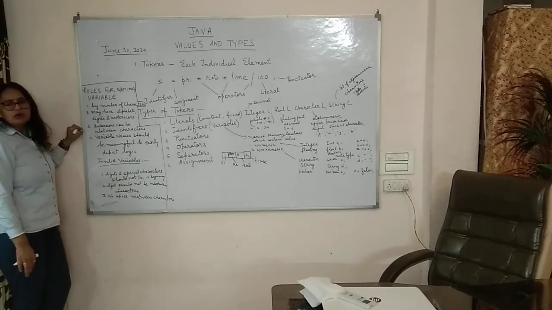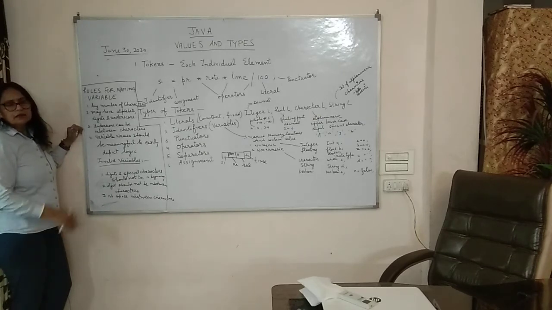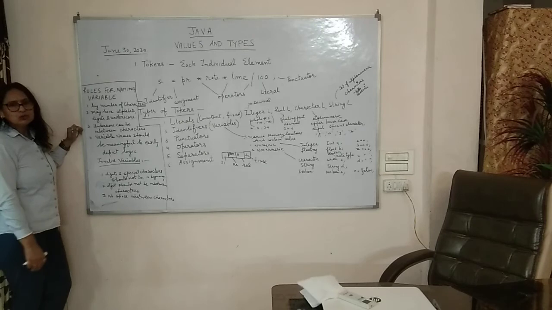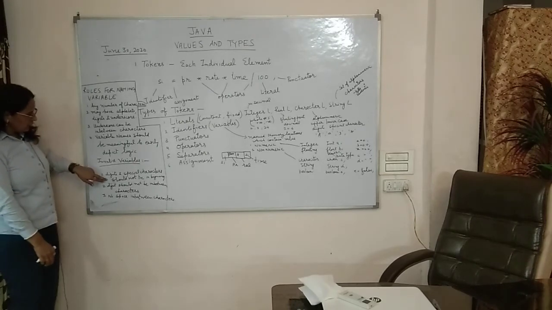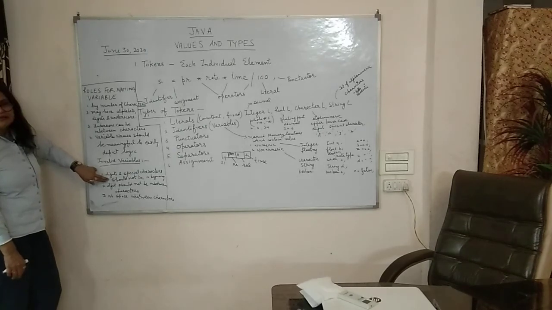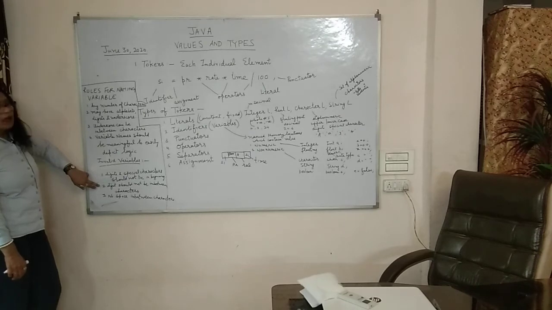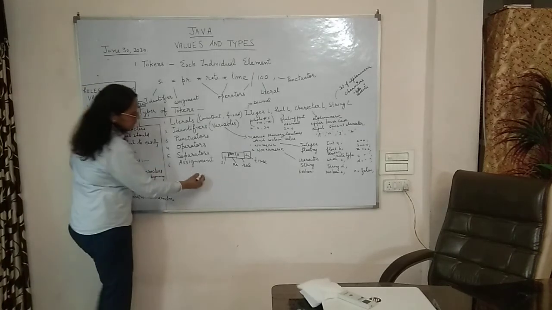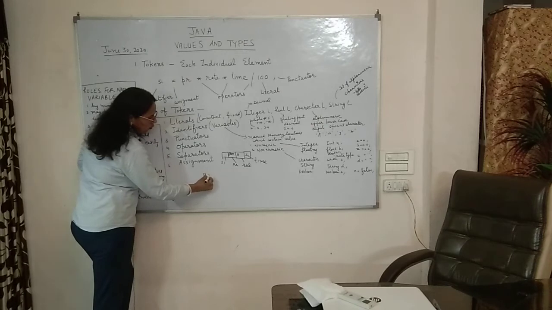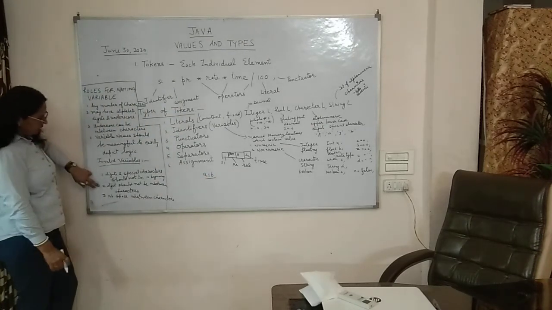If the programmer, whosoever writes a Java program, maybe a student or new to Java, writes a digit or special character at the beginning of the name of the variable, it will be an invalid variable. Second, digits should not be in between characters. It should not be like A and then 1 and then B. This will be a wrong or invalid variable.